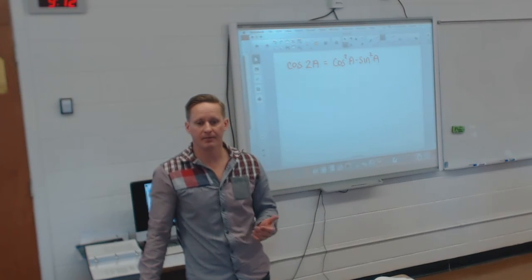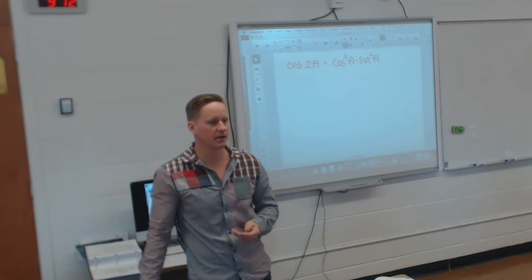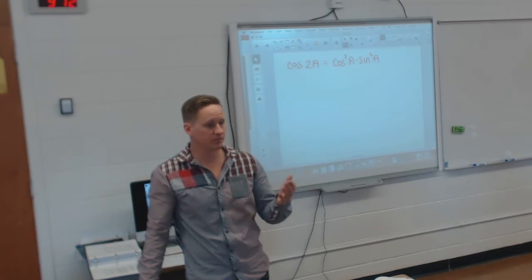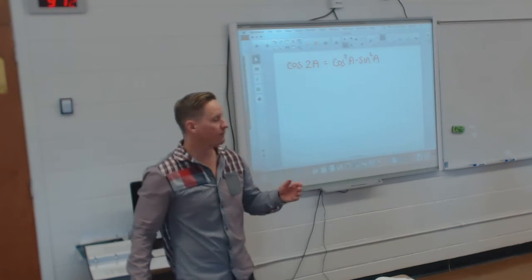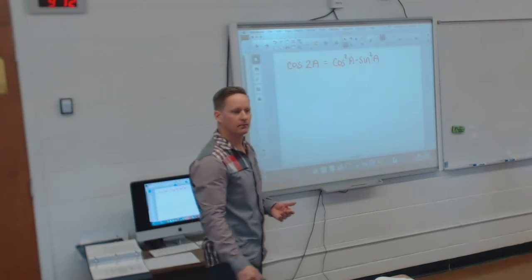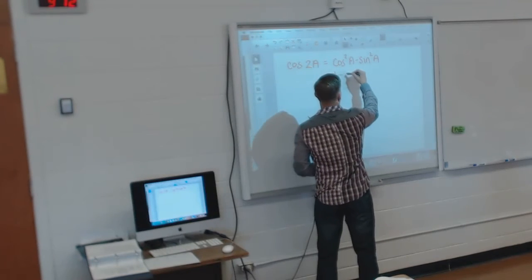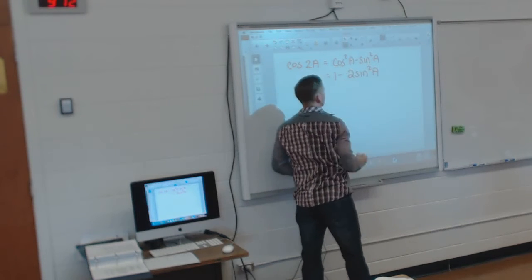So let's say I want to change cos squared to sine squared. How do I change it? 1 subtract sine squared. So if I put that in for cos squared, I get my second one: 1 minus 2 sine squared A.